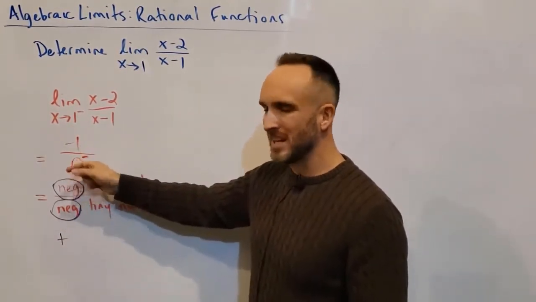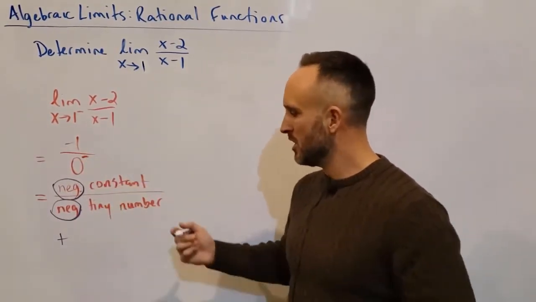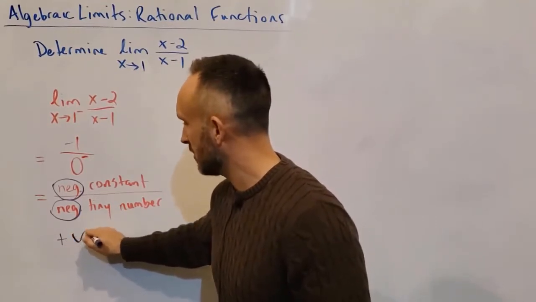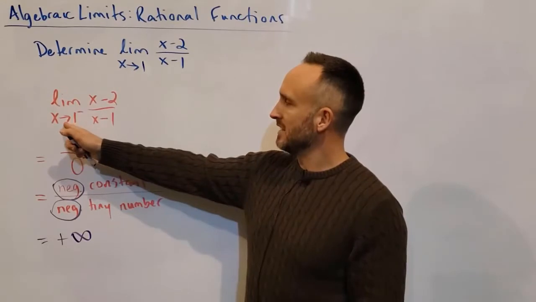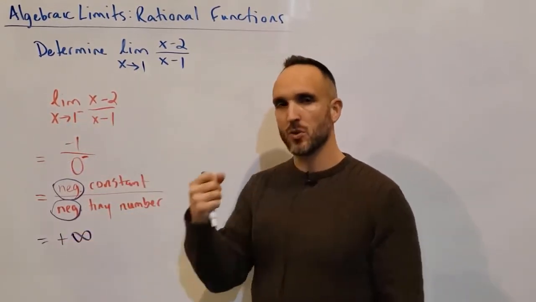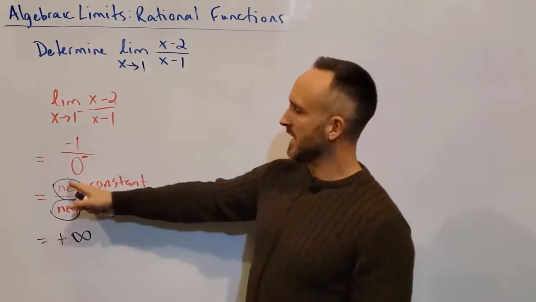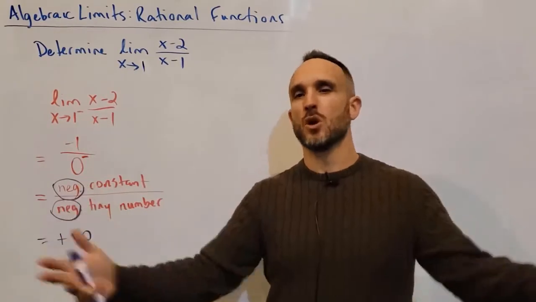If you take 1 divided by an extremely small number, a constant divided by an extremely small number, you get an extremely large number, okay? So the left-sided limit as x approaches 1 is positive infinity. It grows to infinity because it's a negative divided by a negative, but you're dividing by a tiny number, which makes the ratio grow, okay?